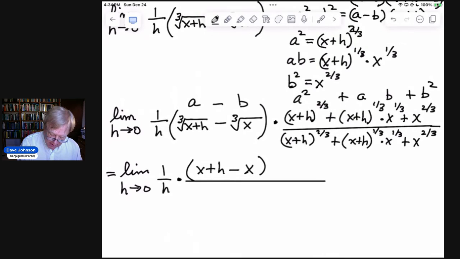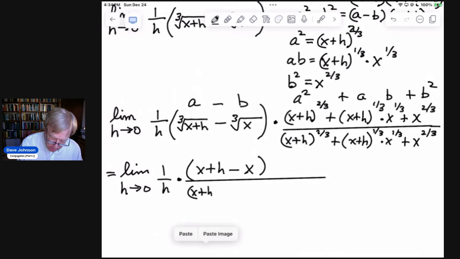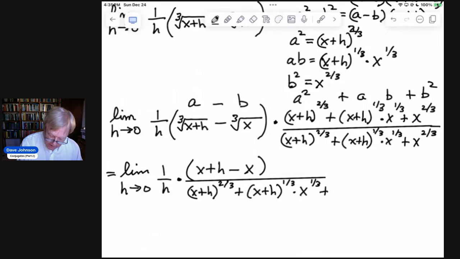And then downstairs, we have to rewrite what we multiplied by. So we get x plus h to the 2/3 plus x plus h to the 1/3 times x to the 1/3 plus x to the 2/3.